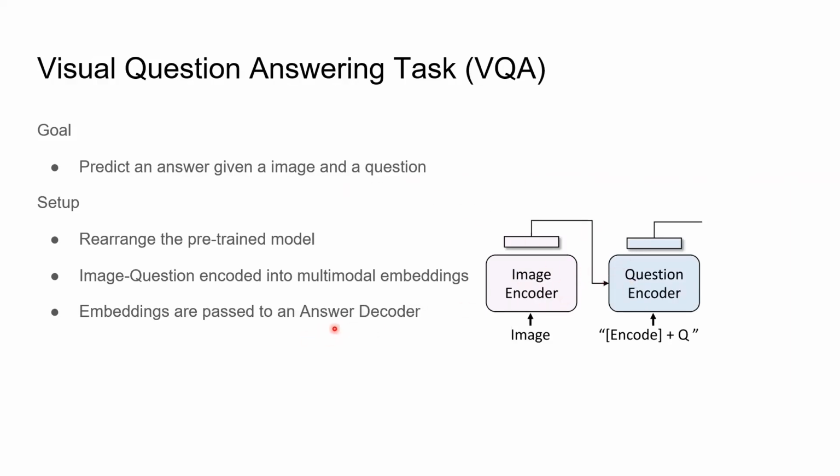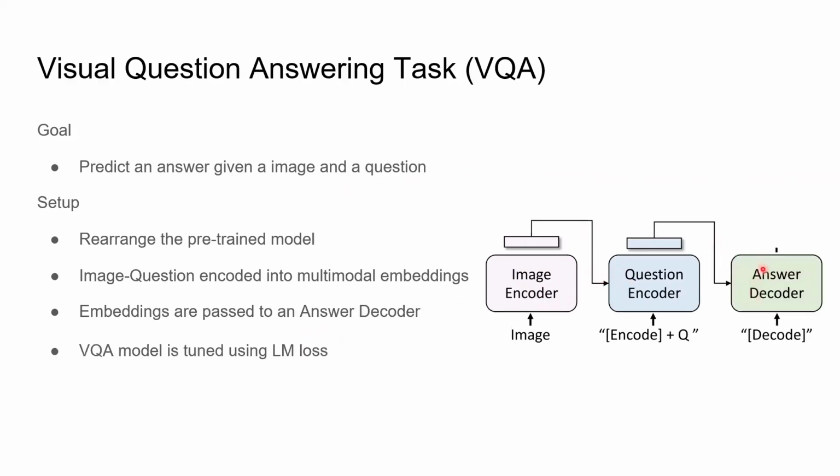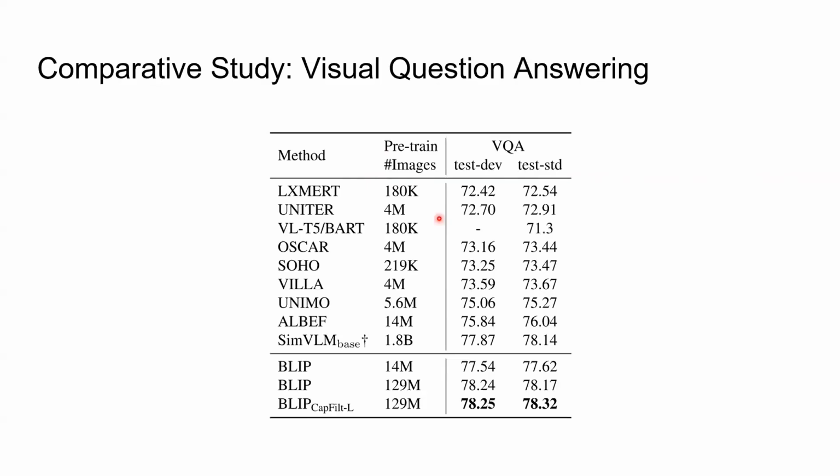These embeddings were then passed to an answer decoder, and then the resulting VQA model is tuned using LM loss, which was mentioned previously. By doing the alteration, you're then able to do visual question answering, and these are the results. Here you can see the method, as well as the number of pre-trained images. And here you can see the VQA results where BLIP with captioning and filtering performed the best.